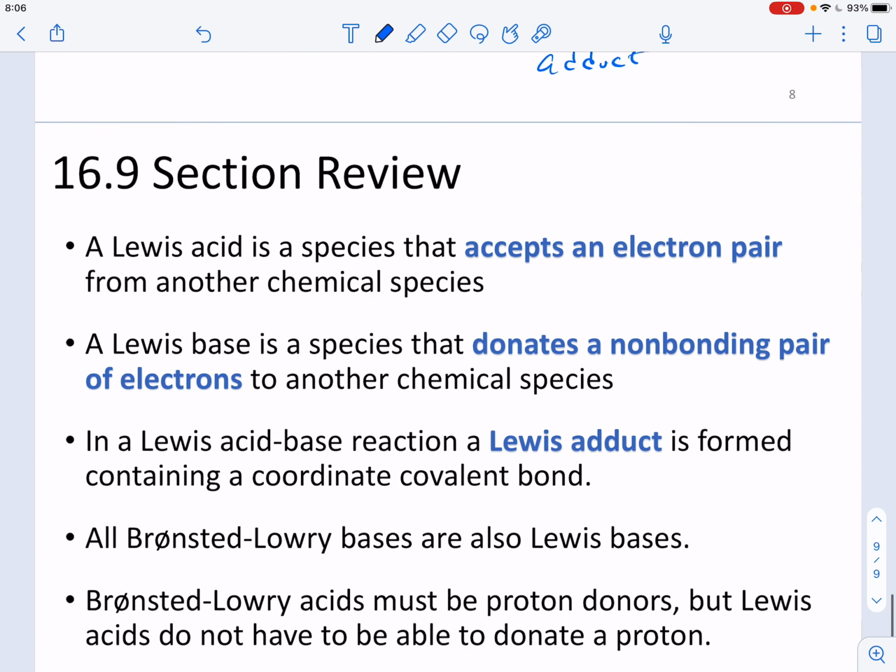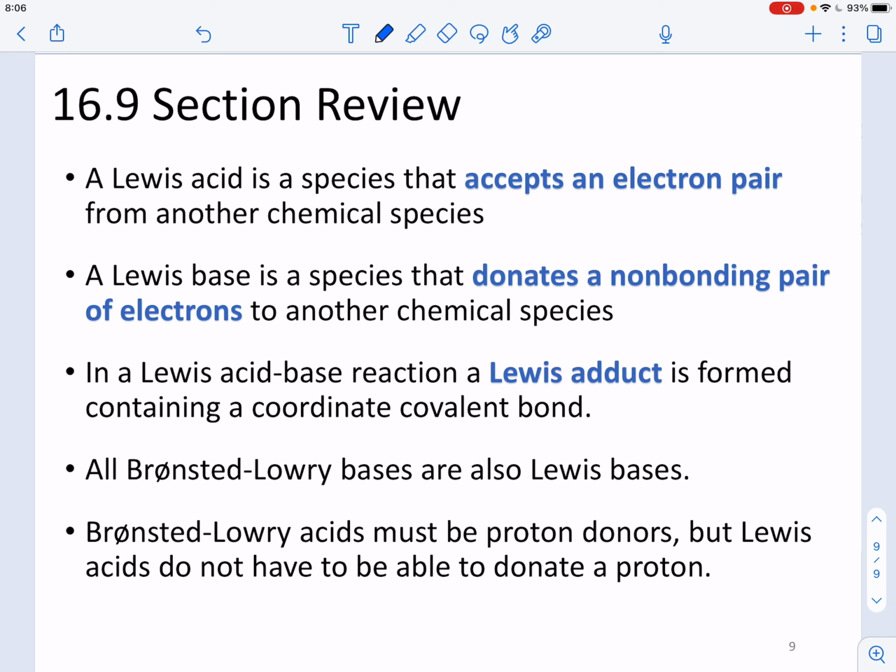Okay? So in review, number one, a Lewis acid is an electron deficient particle that will accept an electron pair coming from the base. Therefore, a Lewis base will be able to donate a non-bonding pair. If you don't have a non-bonding pair on that molecule, that cannot be counted as a base.